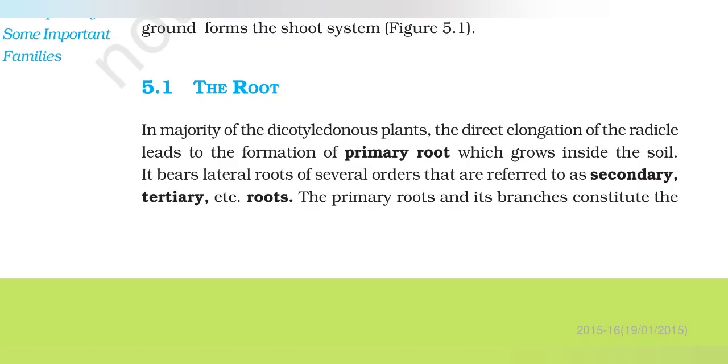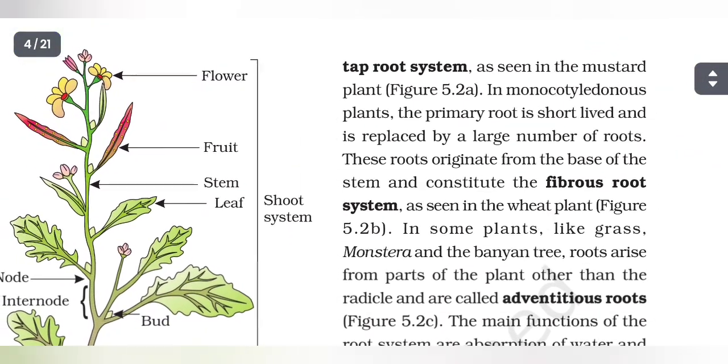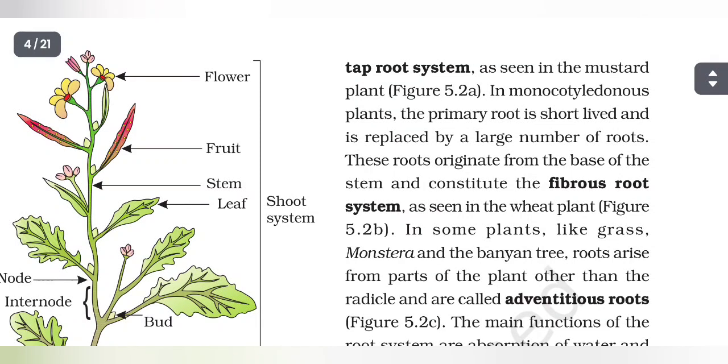It bears lateral roots of several orders that are referred to as secondary, tertiary, etc. roots. The primary roots and its branches constitute the taproot system as seen in the mustard plant, figure 5.2a. In monocotyledonous plants, the primary root is short-lived and is replaced by a large number of roots.